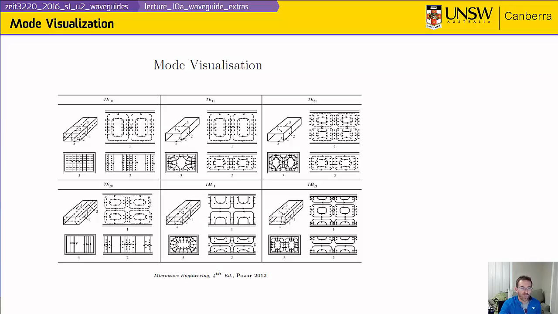And this is looking from above. Looking from above, we see that the magnetic fields are actually circulating. So the electric fields are pointing up and down, and those are indicated here by these dots. The electric fields are pointing up and down, but the magnetic fields are circulating in the XZ plane. And that's what gives rise to the propagating modes.